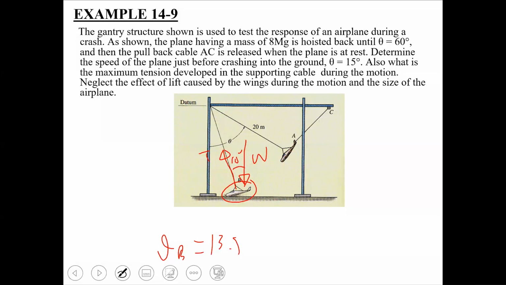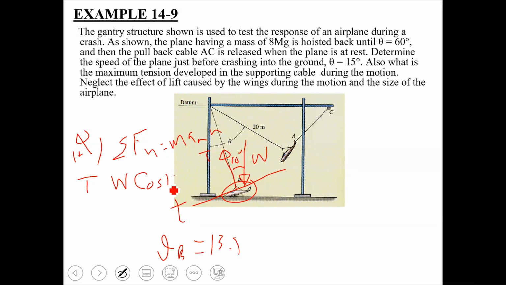So applying the equation of motion along the normal axis, this is my t axis and this is my n axis. Applying summation Fn equal to MAN. What are the forces acting along the normal axis? One is the tension, the other is the component of weight which is W cos 15, positive or negative?